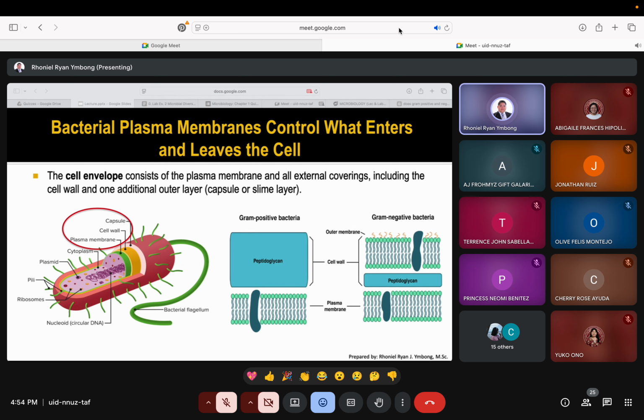Within these two membranes, you have the cell wall, which is made up of peptidoglycan. Same here in your gram-positive. But take note of the difference in the cell wall of your gram-positive and gram-negative bacteria. The cell wall in your gram-positive bacteria is quite thick compared to your gram-negative. That is why your gram-positive bacteria do not have the outer membrane, because this space is now occupied by the very thick cell wall.